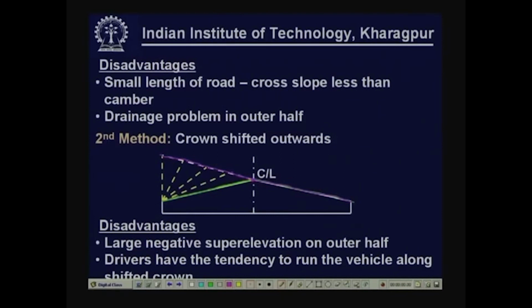Now, this yellow line shows the position of outer edge at different times, and finally, we get the required uniform slope equal to the camber. So, in this case we overcome the disadvantages associated with the first method, particularly at no point the slope at the outer edge will be lesser than the required camber. Everywhere the slope will be more than the required camber.